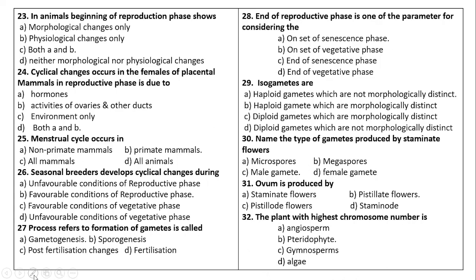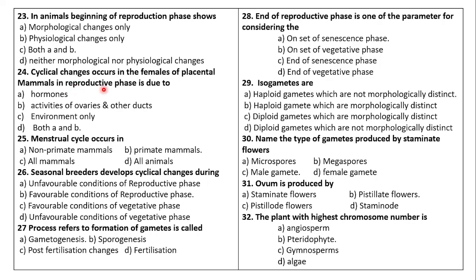24th question. The cyclical changes that occur in the females of placental mammals in the reproductive phase are due to. The cyclical changes mean the reproductive cycle in the female placental mammals, which is nothing but the estrous cycle and the menstrual cycle.